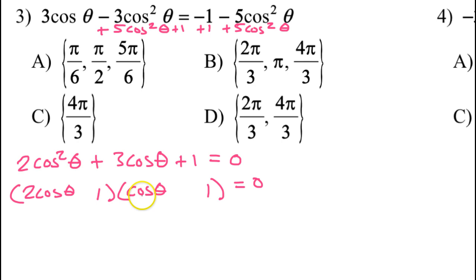So inner, I have 1 cosine theta. Outer, I have 2 cosine theta. This has to give me the middle of 3 cosine theta, and that will happen if I just leave everything positive. That makes 3 cosine theta. So that means these two will be positive. Alright, I'm just going to go ahead and erase this little part.